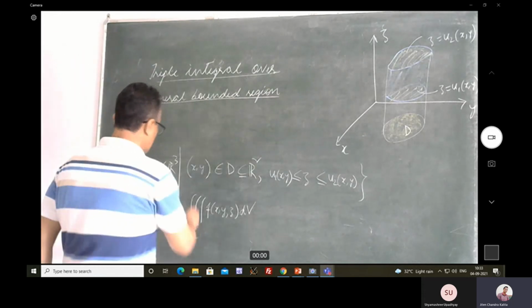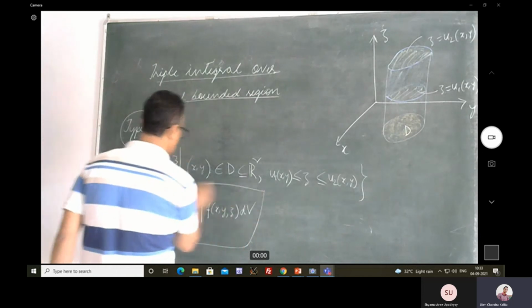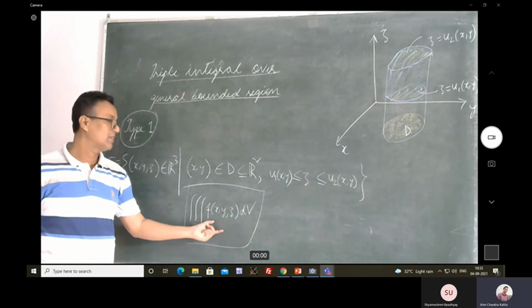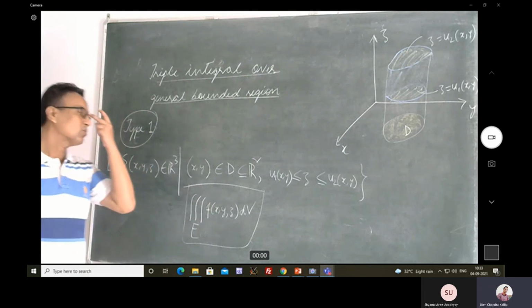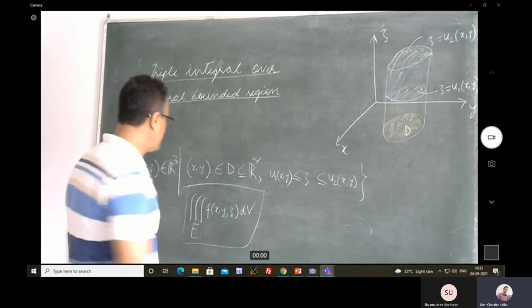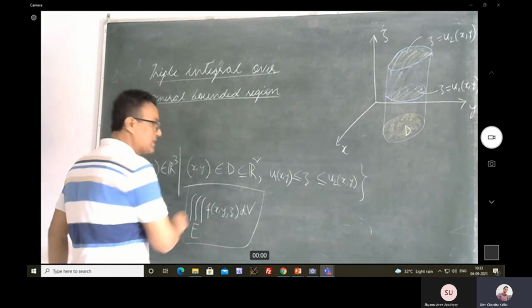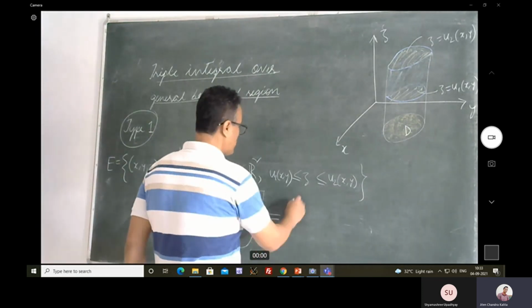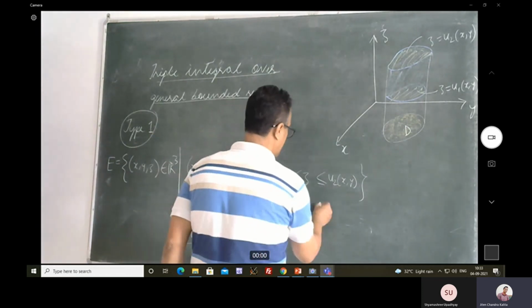So now, what we will have to do, we have to evaluate this integral, right? So now, how to go about it? If E is a type 1 region, then we are going to perform the integration like this.